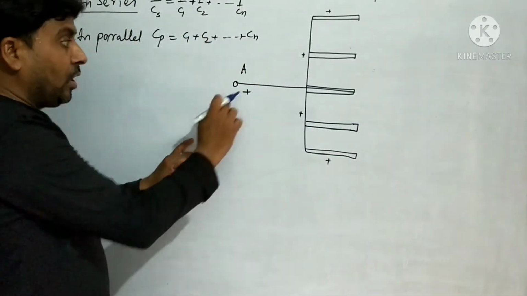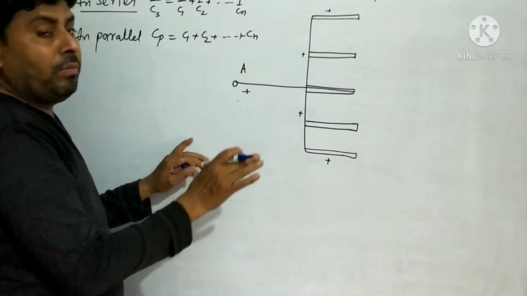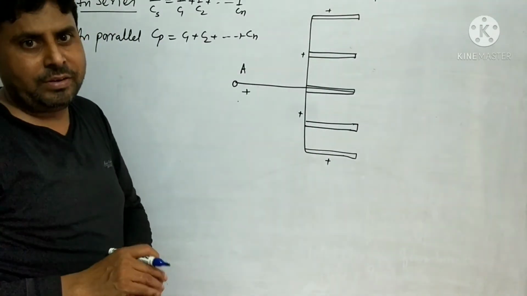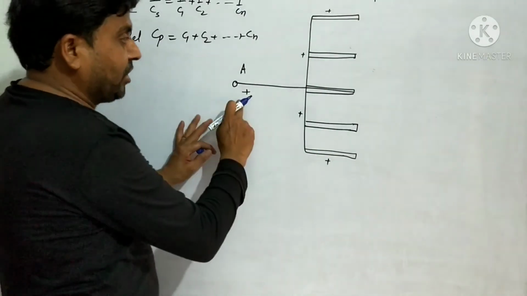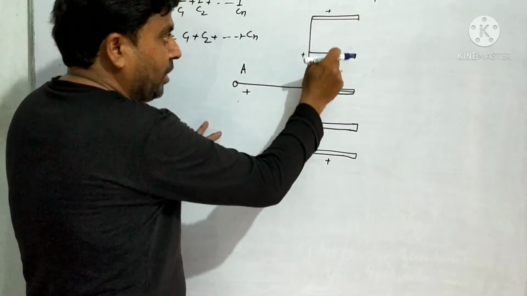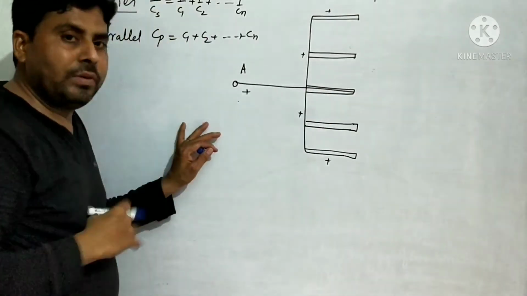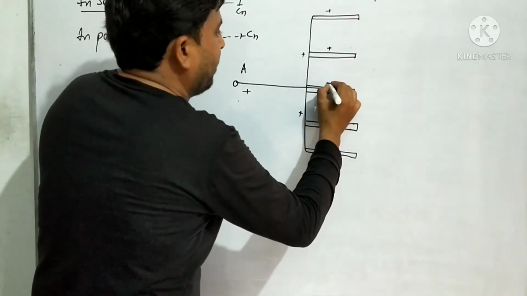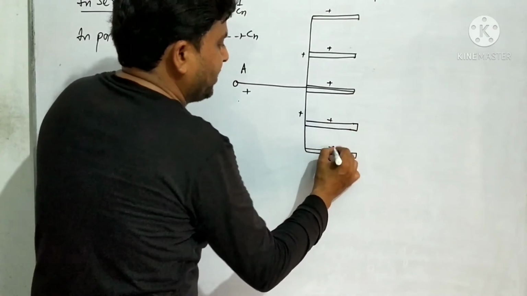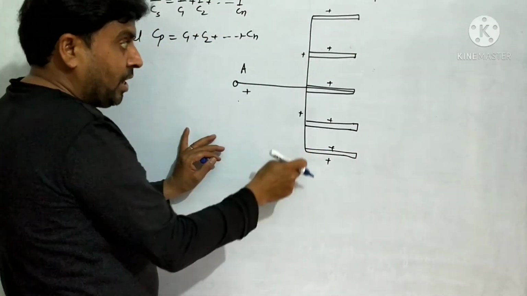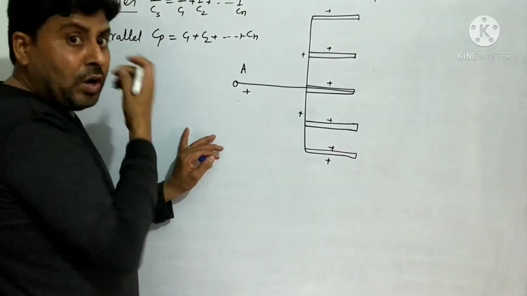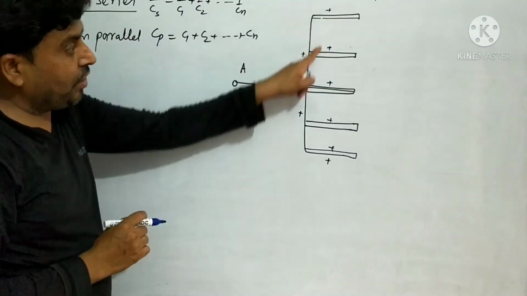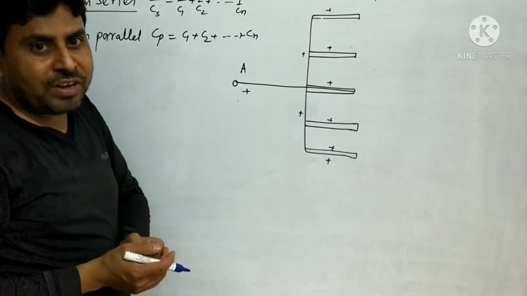So charge Q is uniformly distributed on each and every plate. Is it clear? Such charges, total charge, Q1, Q2, Q3, Q4 and so on. Is it clear? Yes. Plus is here, plus is here, plus is here, plus is here. And such a combination of pluses is a type of parallel, because all the positives are connected at the same terminal.